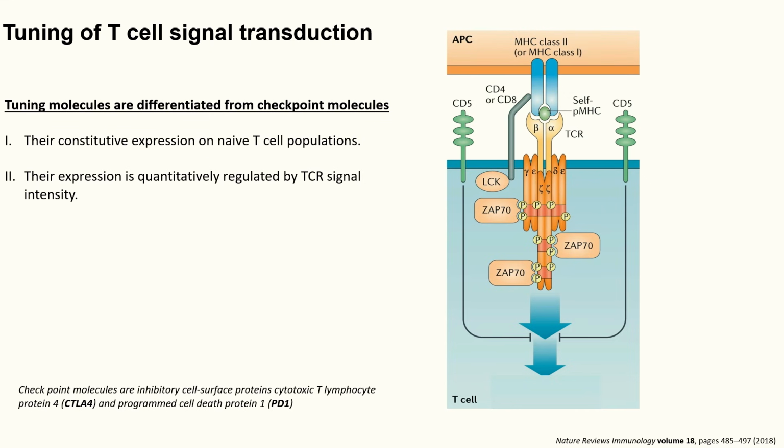Well, we will move on and we will try to see another very important thing, which is called tuning. Now the tuning is important because tuning stands for this: once there is an activation, or once there is an unwanted activation, we need to have some control mechanism. So some tuning of the T cell receptor biology is required.